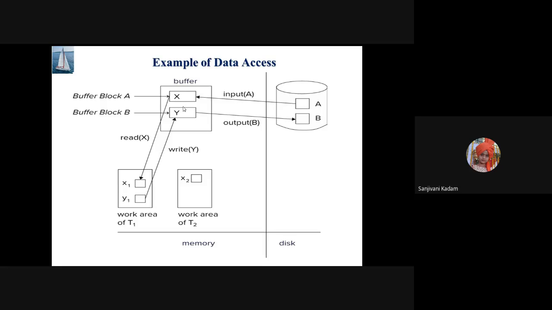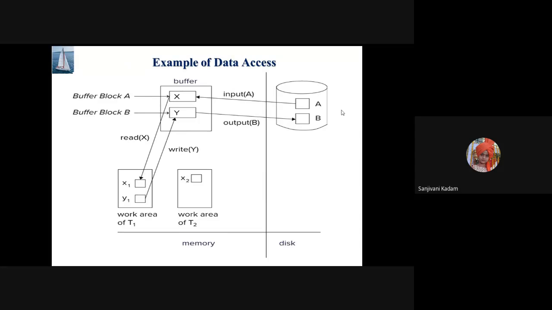This X is acting as a local copy. A has the value 10, and that value will be copied to X. So this is the input(A) operation. Y is another variable or data item. Output(B) means that whatever the changed value is, it will be written to the disk. So input is from the database on disk into the buffer, and output is from the buffer to the disk.